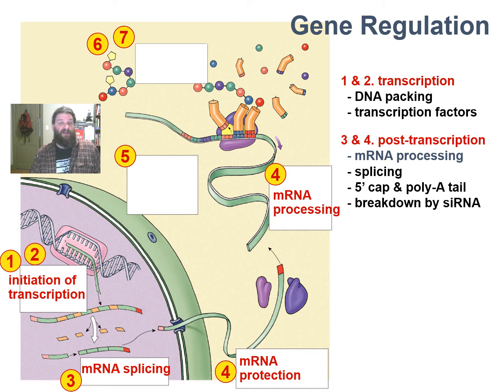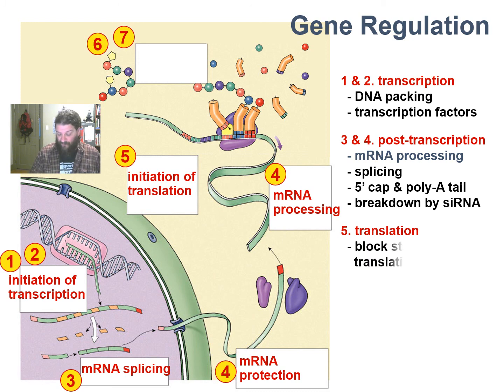How much silencing RNA or microRNAs, interfering RNAs are there out there? And it has to complex with the ribosome. Is there a 500-pound gorilla of a protein attached to the 5' end of the messenger RNA, preventing that complex of ribosome from taking place?